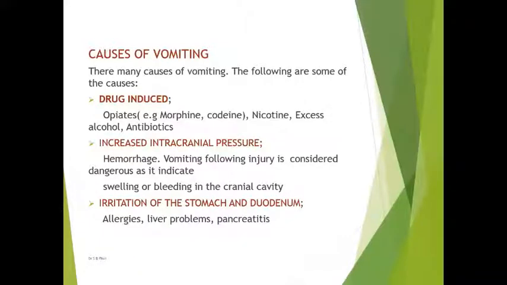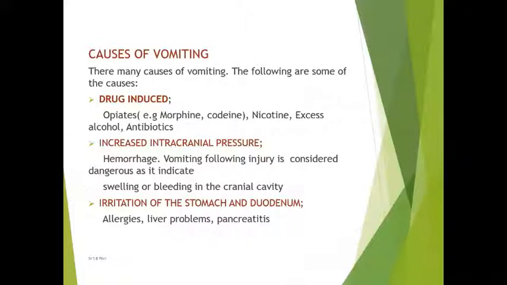Then irritation of the stomach and the duodenum. If you have toxins or certain chemicals that are irritating the mucosa of the stomach and the duodenum, that can also stimulate vomiting, because those receptors can be stimulated, then they will transmit action potentials to the vomiting center that will initiate vomiting.